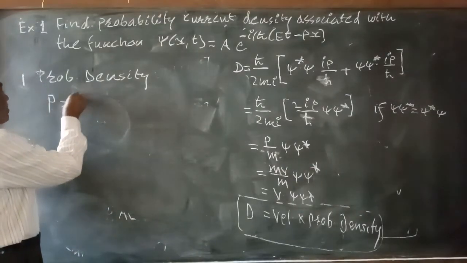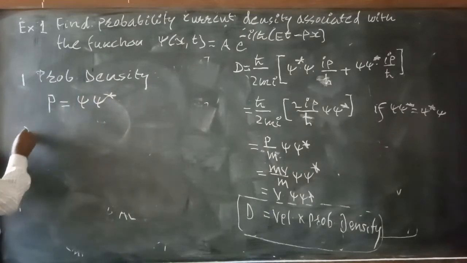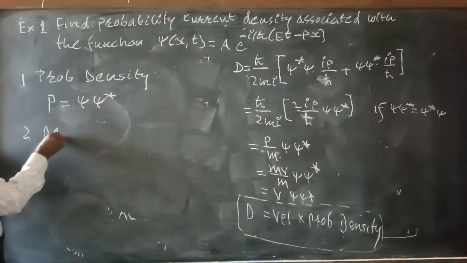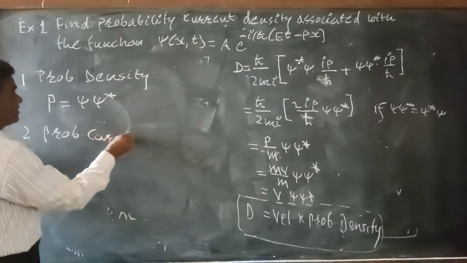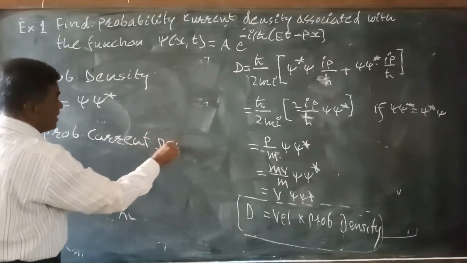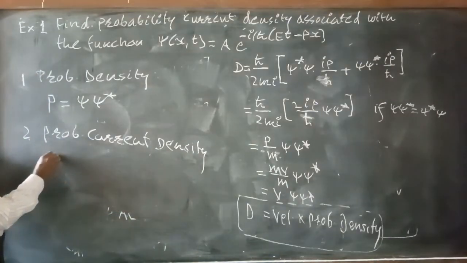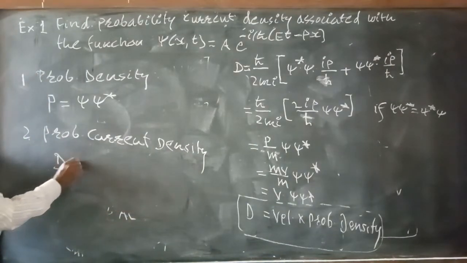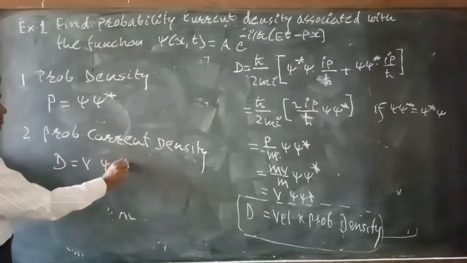So this will be psi into psi star. And another we will define is the probability current density. The probability current density is denoted by d, and it is defined as the product of the velocity of the particle and the probability density.